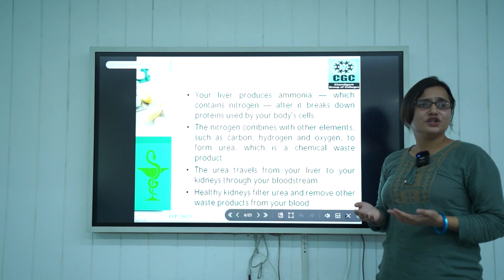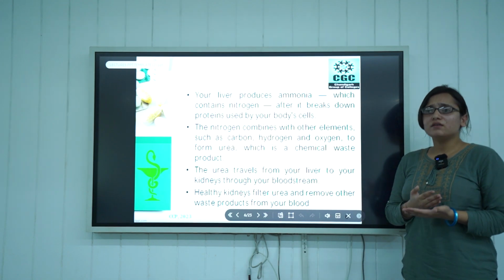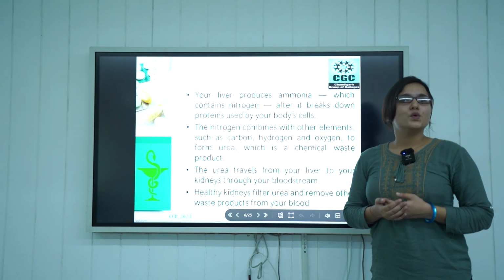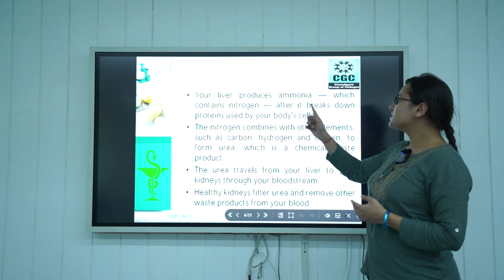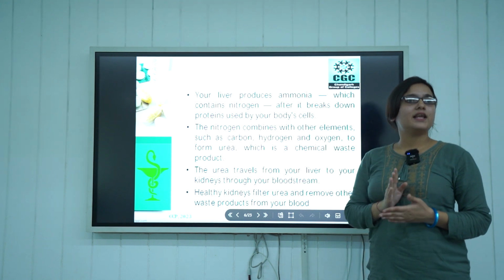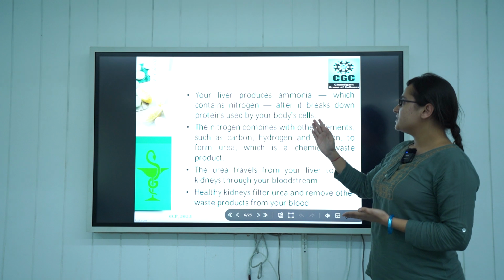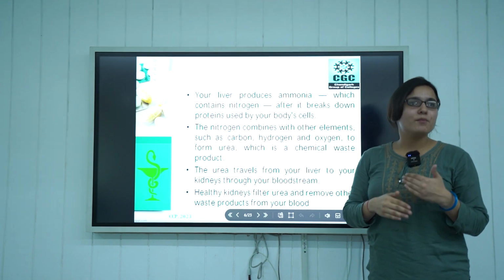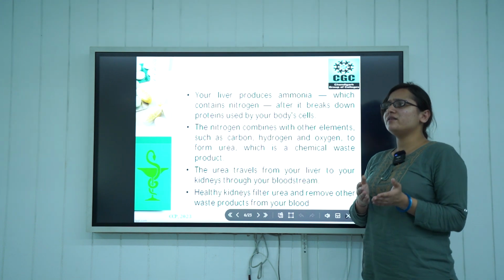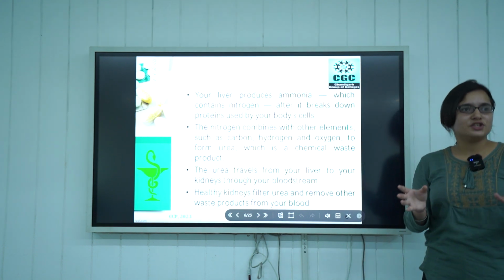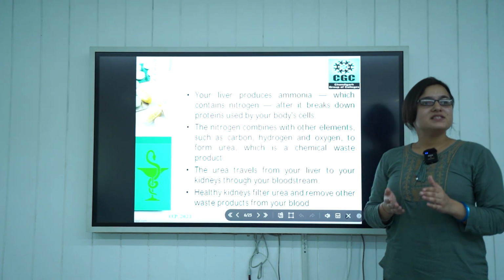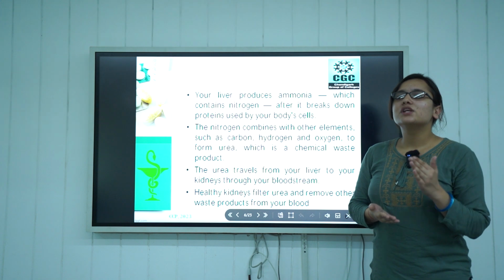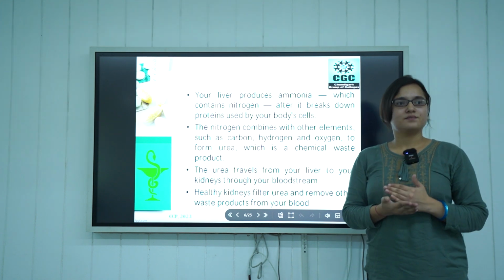If we discuss in general how our kidney filters the waste substance, right? Okay, so the liver produces ammonia, which contains nitrogen, and it breaks down the protein which is utilized by our body cells. In general terms, the liver converts the more toxic substances into less toxic substances, right?